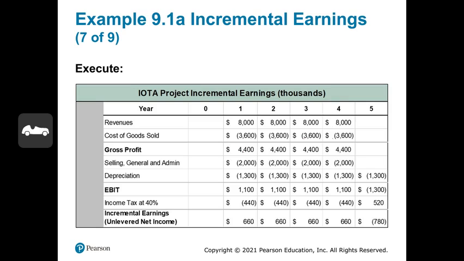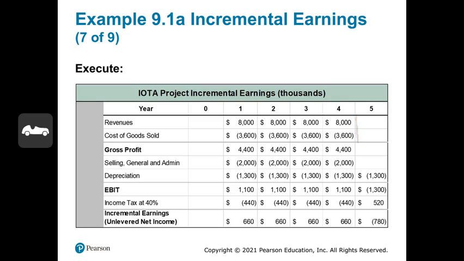Then those operating expenses of $2 million per year for the 4 years. And then we have that 5 years of depreciation expense. I know the project is only creating revenue for 4 years, but because the asset depreciates over 5 years, we need to include that 5th year. So then we can calculate earnings before interest and taxes.